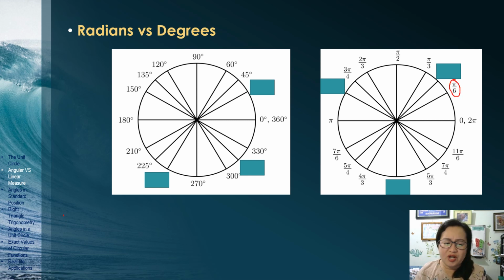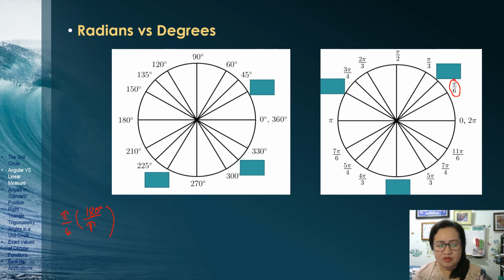So let's try to convert pi over 6 to degrees. Now take note that pi is equivalent to 180 degrees. To be able to convert pi over 6 to degrees, we have to multiply this given by 180 degrees over pi.